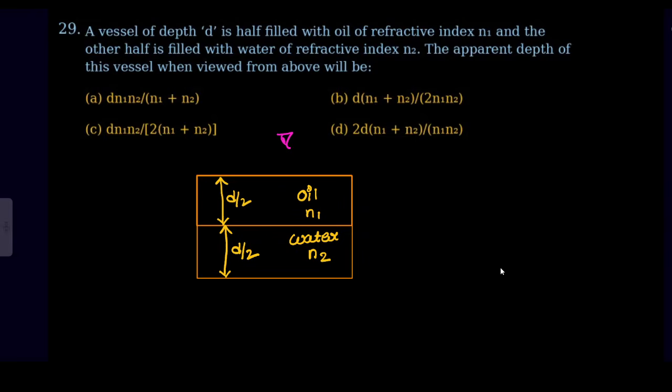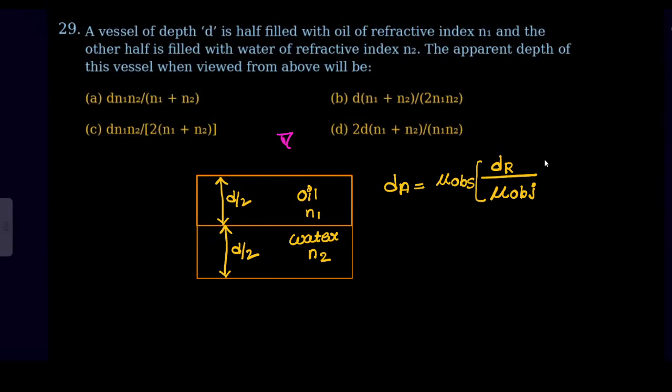So tell me, what is the apparent depth formula? Apparent depth equals refractive index of observer into real depth by refractive index of object.